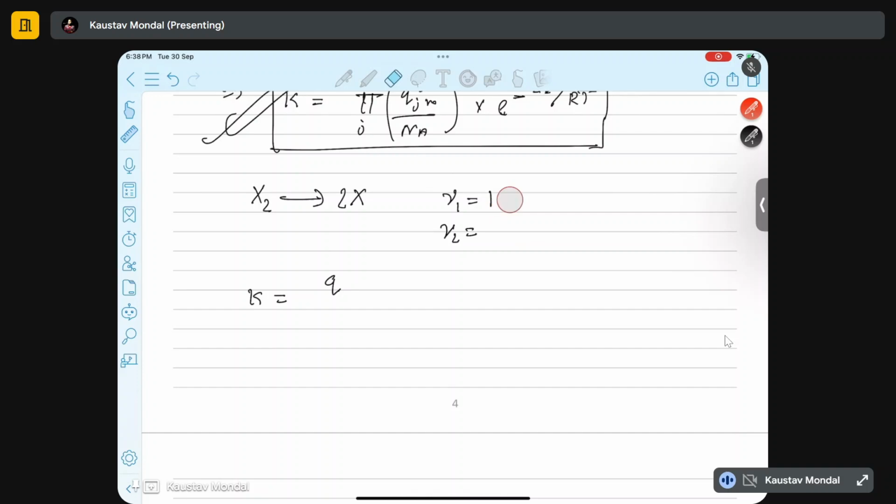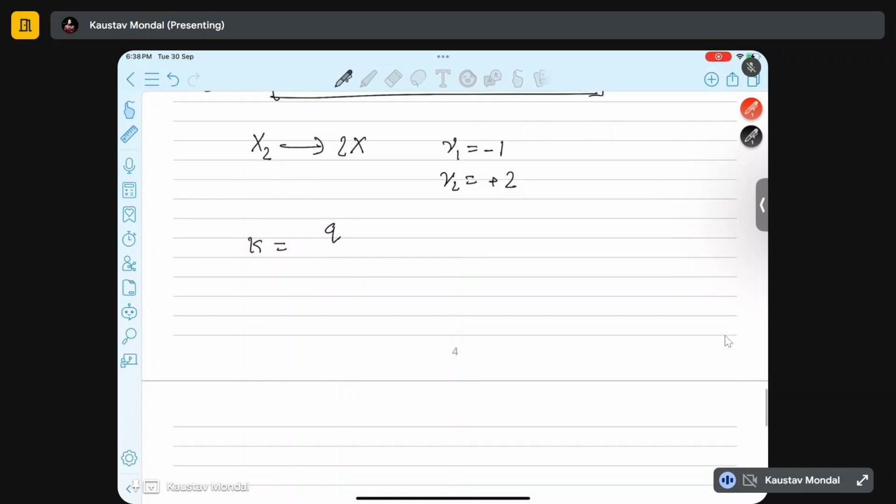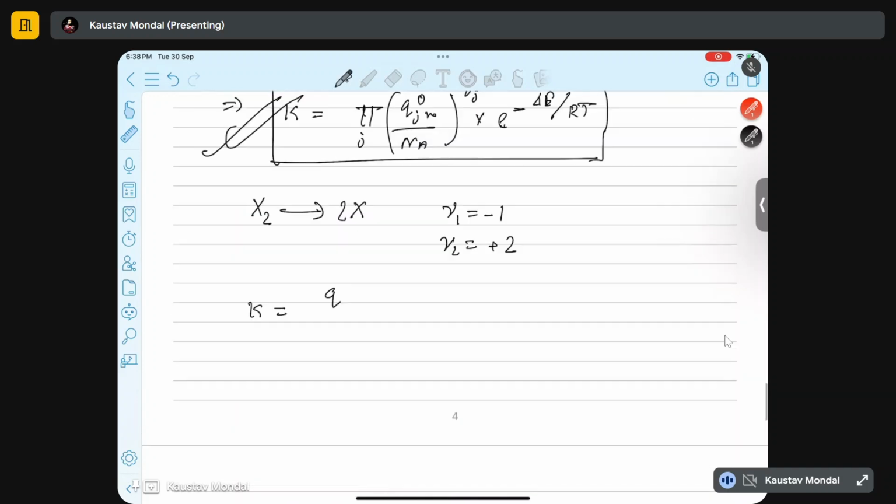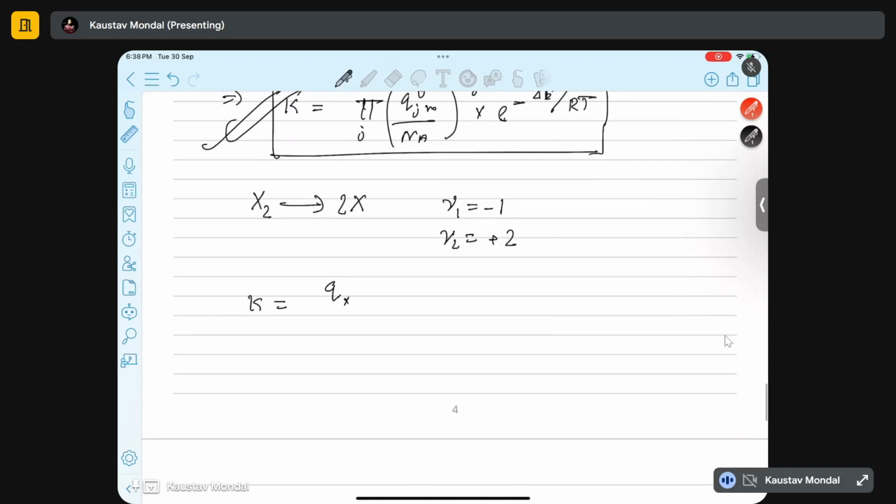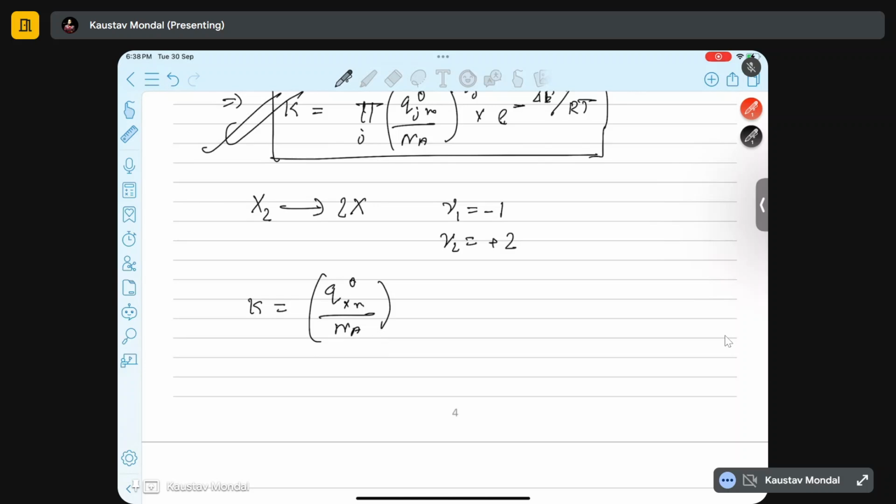No. It's here. It's minus 1. Here it's plus 2. Yeah, now it's fine. Plus 2 and minus 1. So Q first. So QXM0 by NA into plus 2 into QX2M0 by NA minus 1.